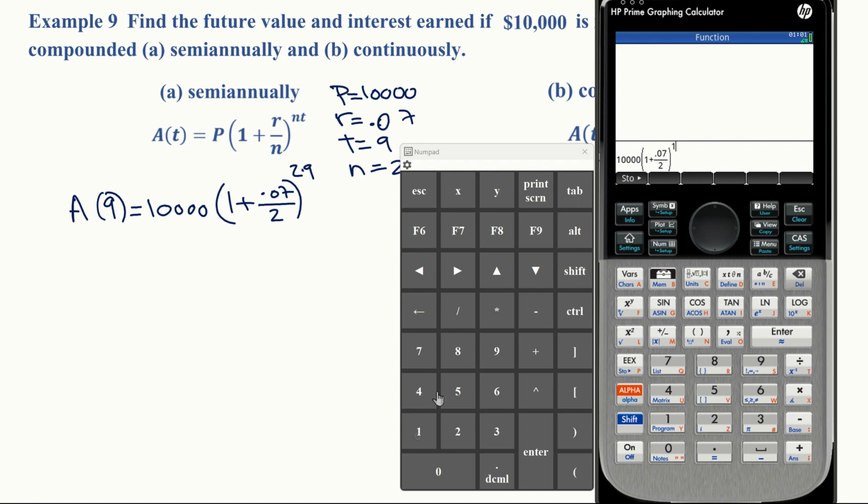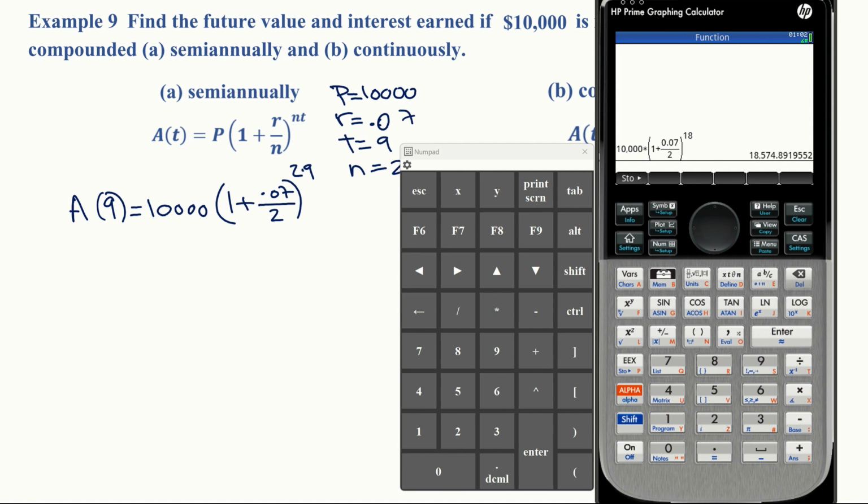Of course, we can just put 18. All right, and then we hit enter, and there's the amount that we will have at the end of 9 years if we invest the $10,000 at 7% semi-annually. All right, so let's go ahead and take a note of that.